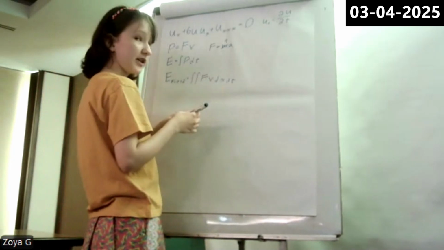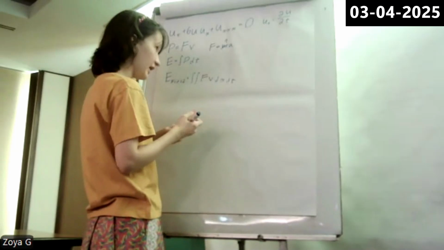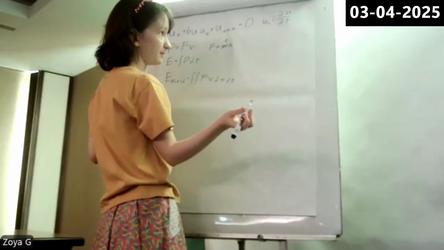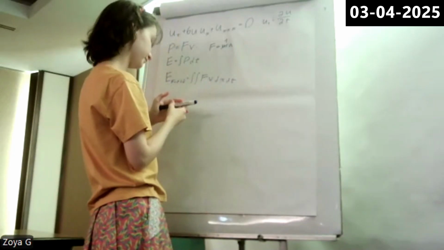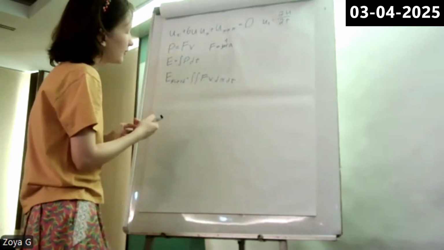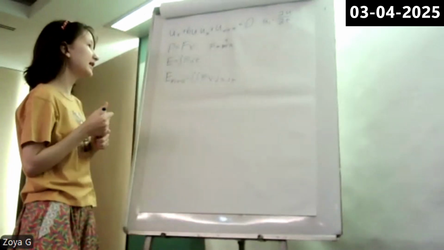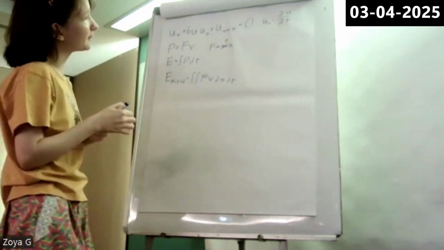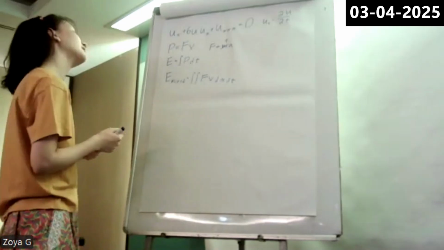A is acceleration. It is the second derivative of position. And what we can get from here is, what can we do here? Actually, I'm not quite sure.